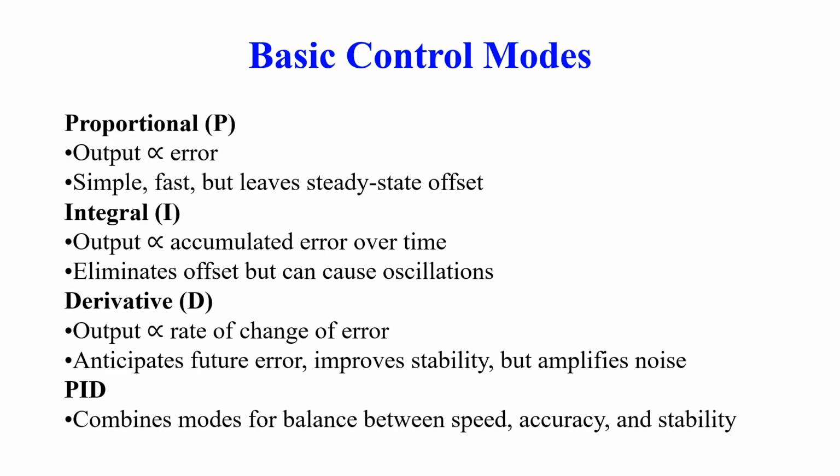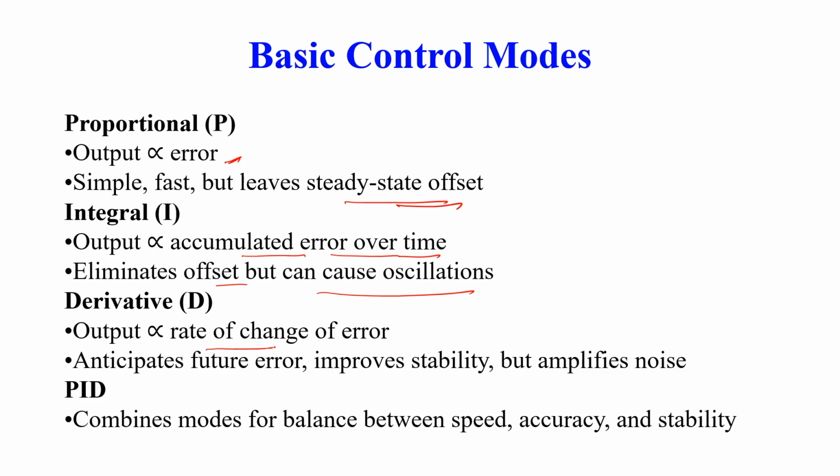Now, we can quickly summarize these basic control modes. Proportional: the output is proportional to the error, and it is simple and fast, but it leaves a steady state offset. Integral: the output is proportional to accumulated error over time. It eliminates offset, but it can cause oscillations.